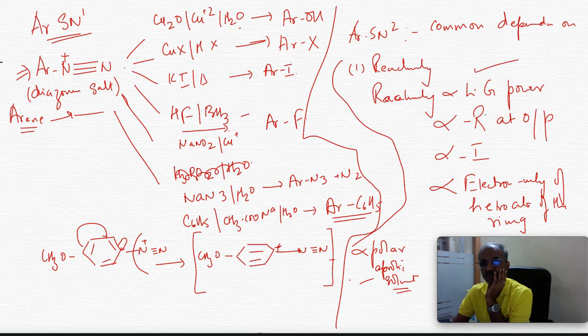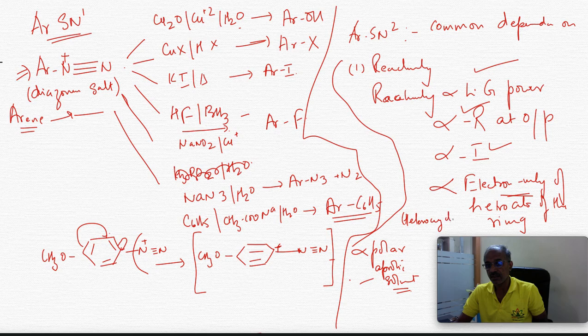Leaving group power, minus R effect or minus I effect, electronegativity of the heteroatom attached to the ring, that means the heterocyclic compounds. And it is more dependent on a polar aprotic solvent, not protic. Like dimethyl formamide is a polar aprotic solvent. Ethers are also polar aprotic solvents.